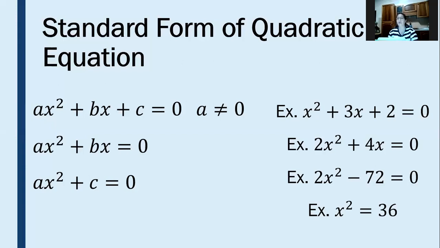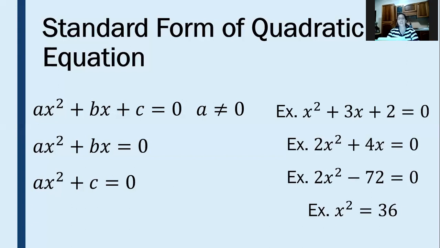Now, for example, for the first form, ax squared plus bx plus c is equal to 0, we have x squared plus 3x plus 2 is equal to 0. A is 1, b is 3, and c is equal to 2. Another form, ax squared plus bx is equal to 0, is also a standard form of quadratic equation where c is equal to 0.